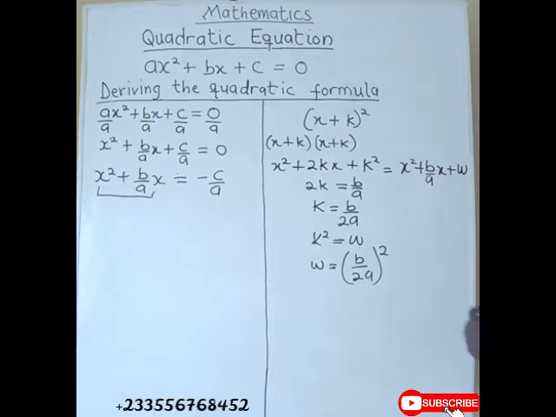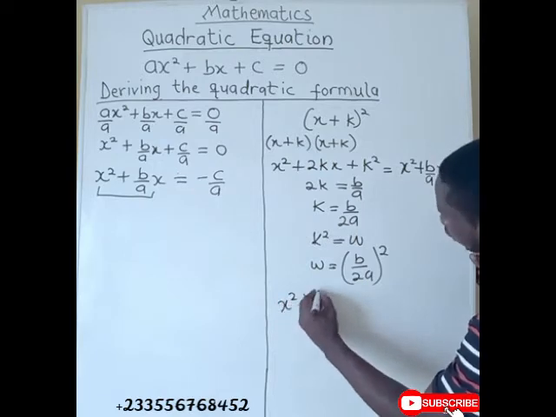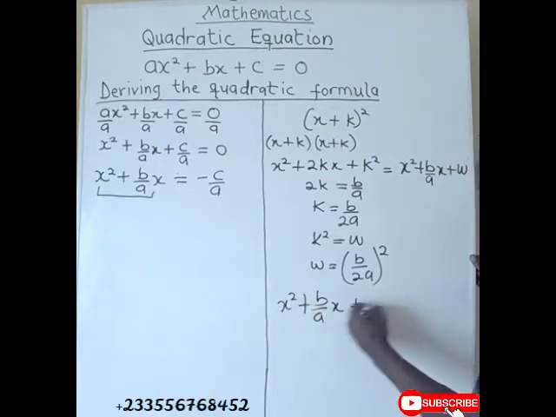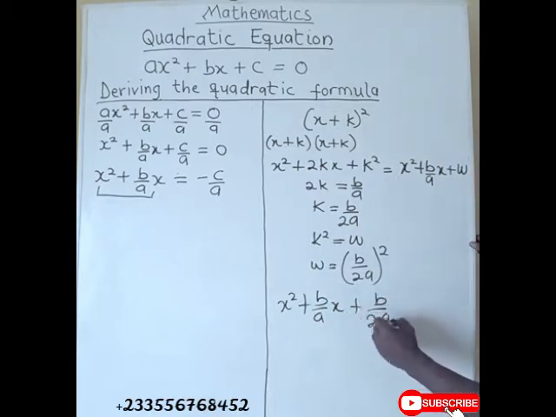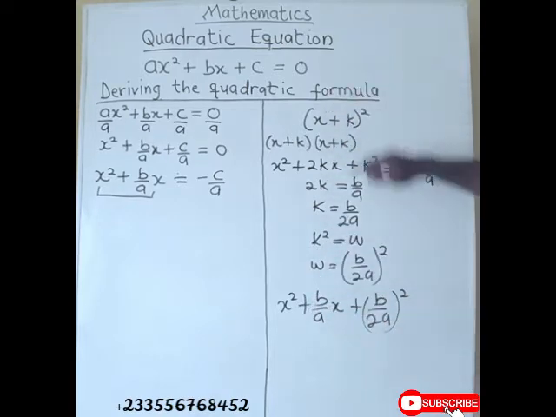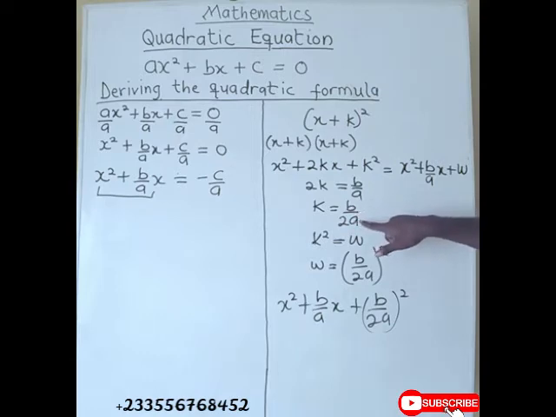So now our new equation that will arise to this form is x squared plus b over a x plus the w, which is now (b over 2a) all squared. So now this one can be rewritten as this. We know k is b over 2a.